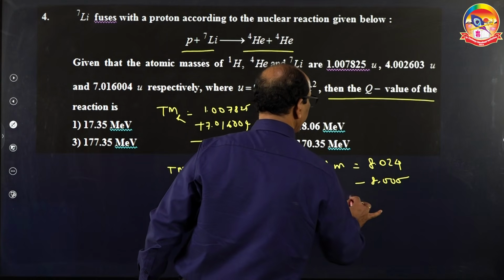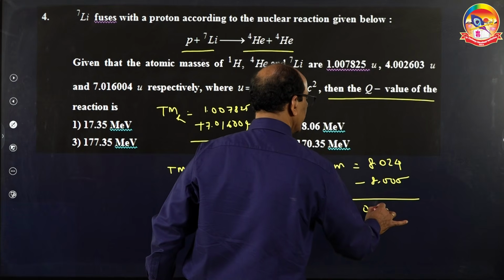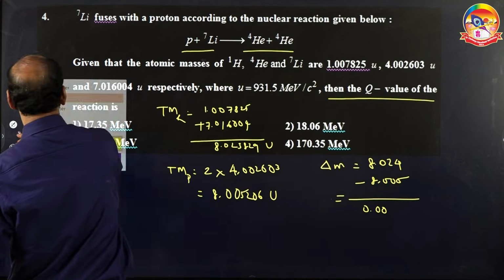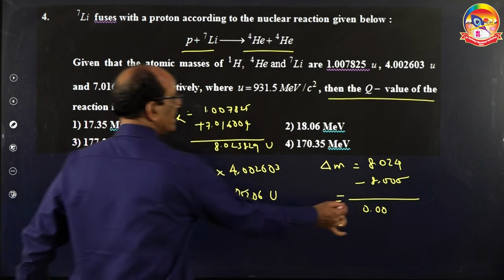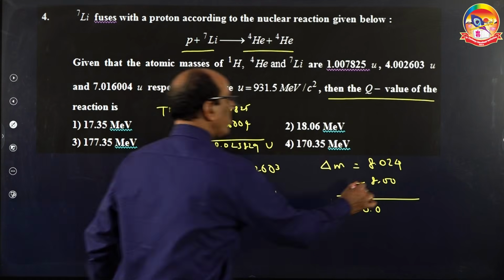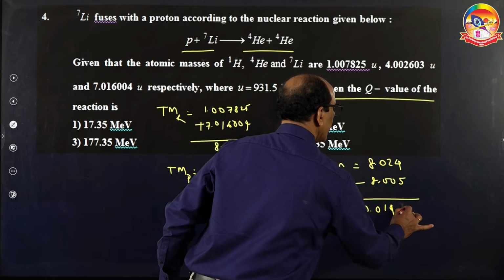So approximately this mass defect is equal to 0.019 AMU.